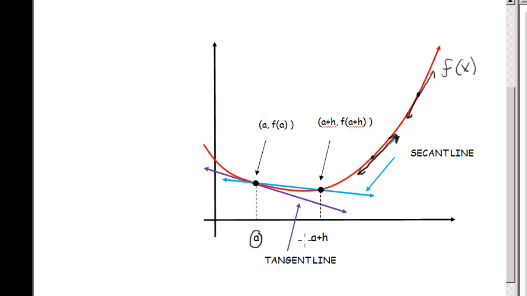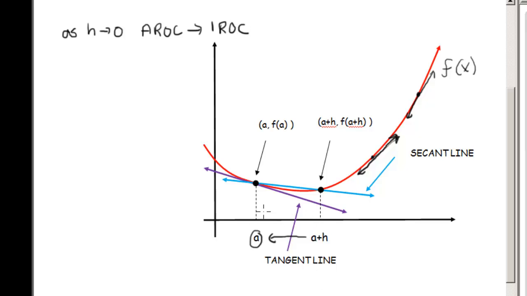And if we let this distance, this a plus h, move closer and closer and closer to this a, so as this point moves this way, the slope of this blue line, this secant line, is going to get closer and closer to the slope of that tangent line. So as the distance between those 2 points, which is our h, goes to 0, that average rate of change gets closer to that instantaneous rate of change.